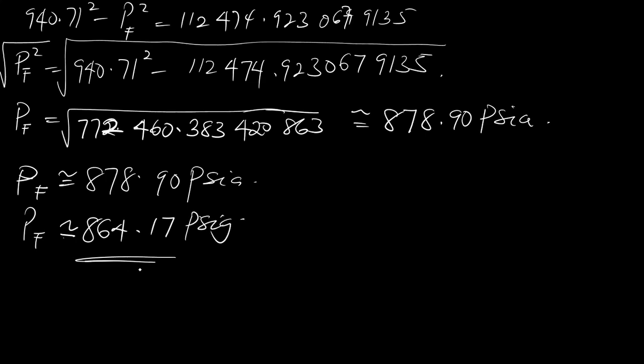So this is the final answer. So we have calculated the delivery pressure. So now, if you look at the diagram, we have calculated the pressure at B, the pressure at E, and the delivery pressure, which is the pressure at F.